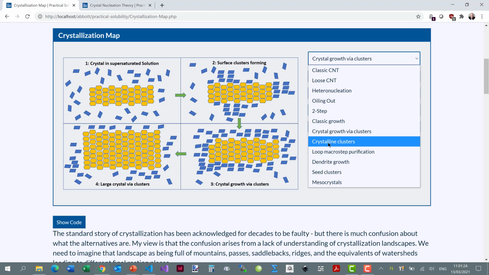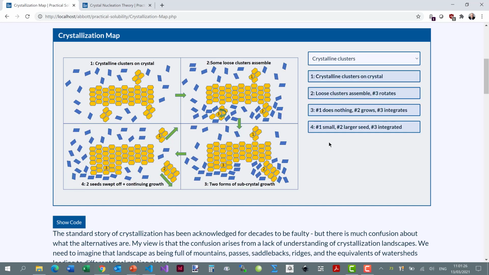But there are variations. You can get crystalline clusters. So we have, via some loose clusters, formed some microcrystals sitting on the surface of the crystal. Now, what can happen? Well, some of them assemble, so we start getting stuff happening, and this one has got significantly bigger, and this one hasn't done much.